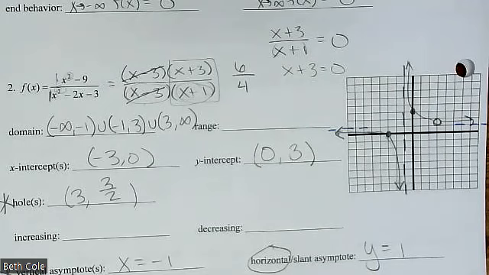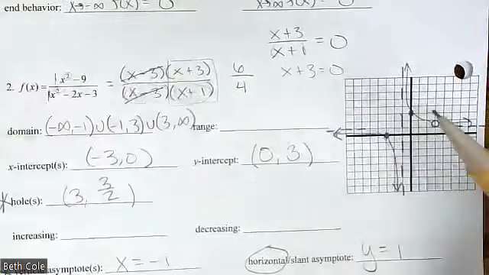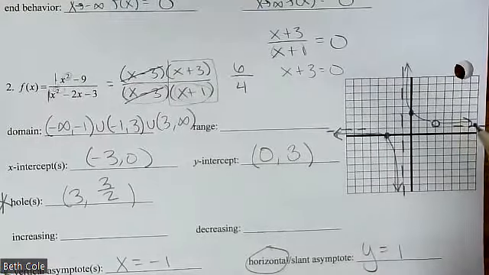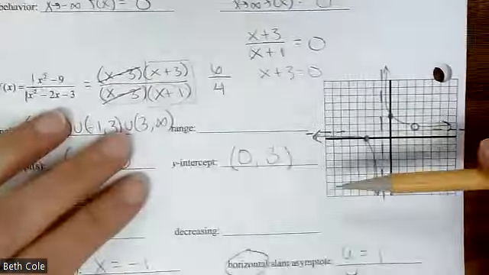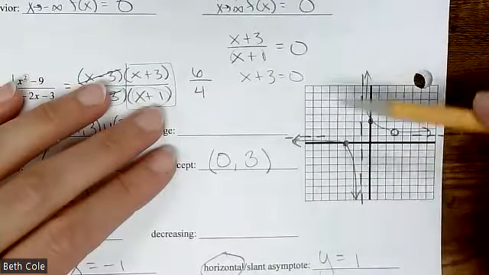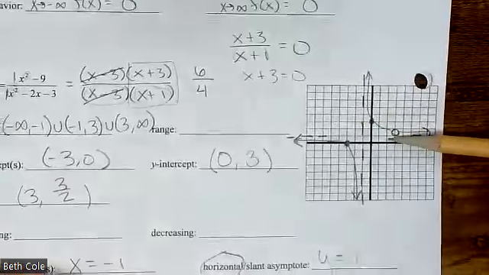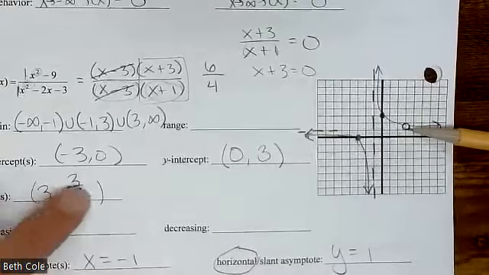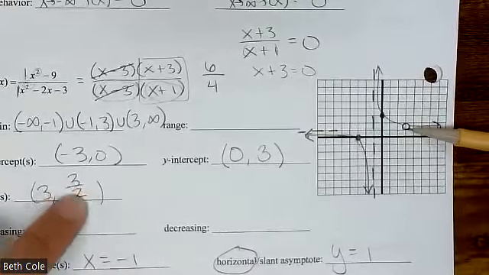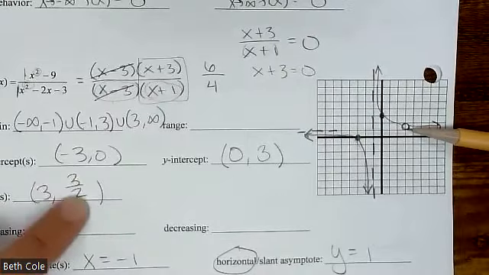Now, once you get that drawn, it really doesn't matter what order you do the rest of the stuff in, because after you have a picture, you can kind of just look at it. Let's do the range next. There are 2 troublemakers getting kicked out of the range. Can anyone give me one of them? 1, because that's where it's leveling off. And, well, 1.5, 3 halves.